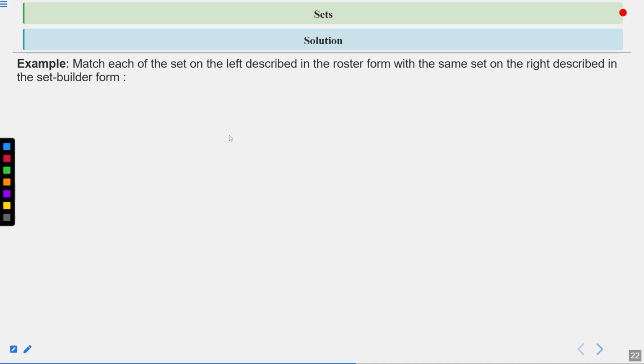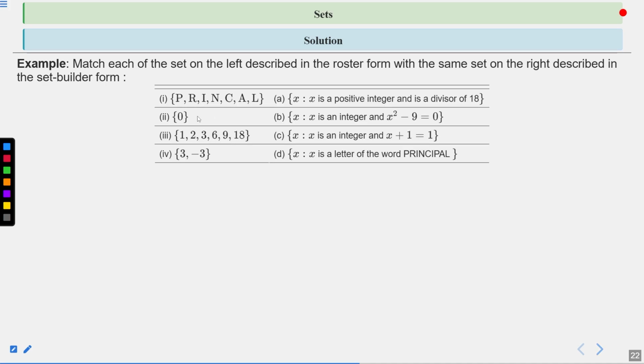Now for the next parts, in the table given to you, we are left with the third and fourth solutions. In such questions, always start with your set builder form. Try to convert it into roster form, then match them. Very simple.